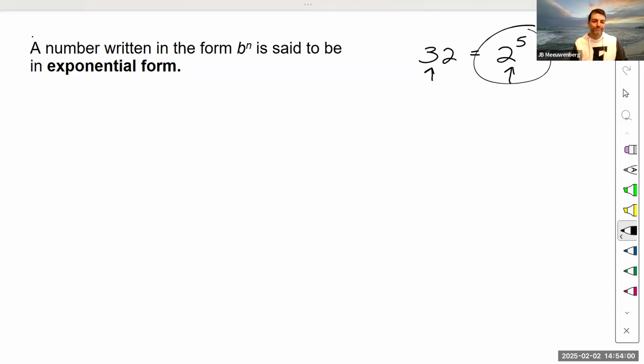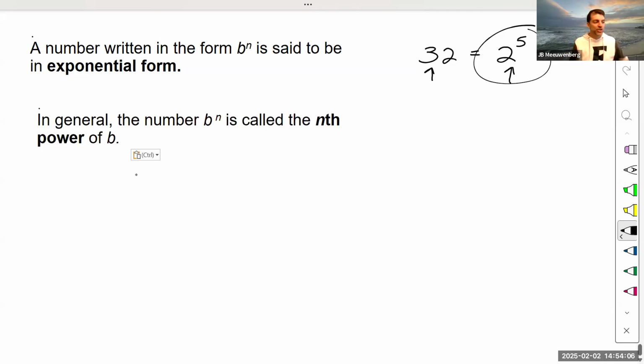Another phrase or term to go along with that is, we say that in general, the number b to the n is called the nth power of b. Okay, so we would say this right here is the 5th power of 2.